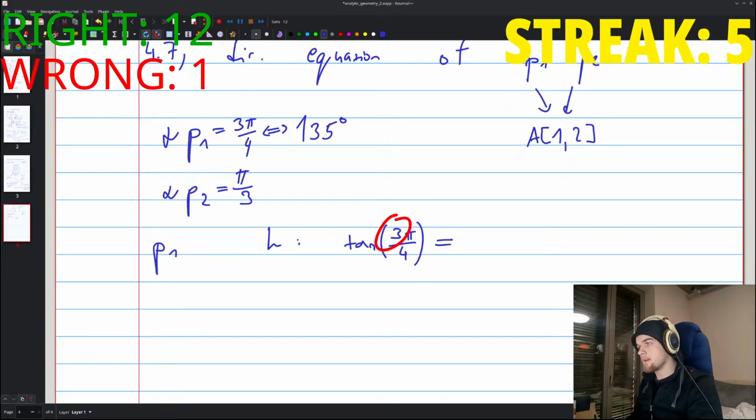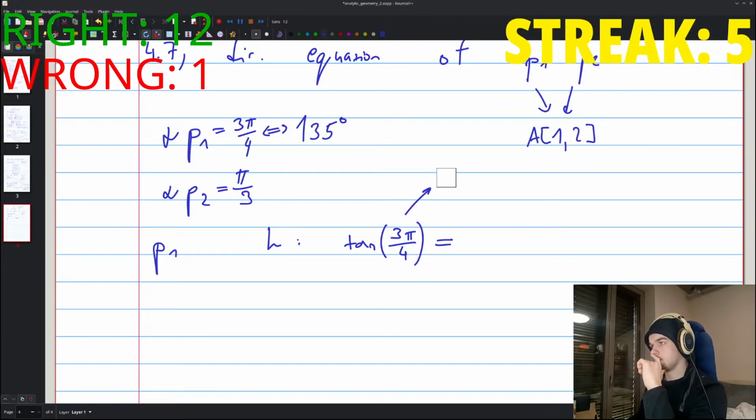Oh, I actually do know this by heart. Because this is basically, hold on a minute, this is minus 1/4 plus pi. And minus 1/4 is 1.